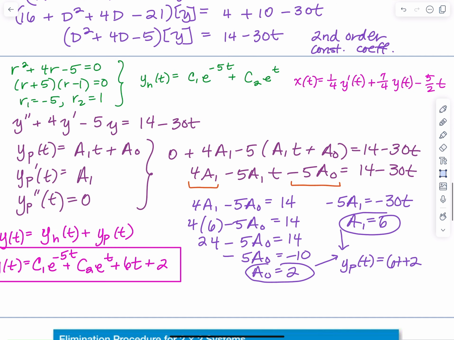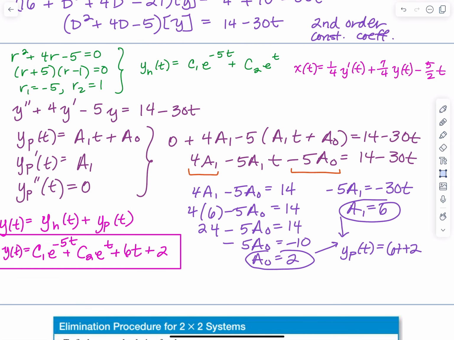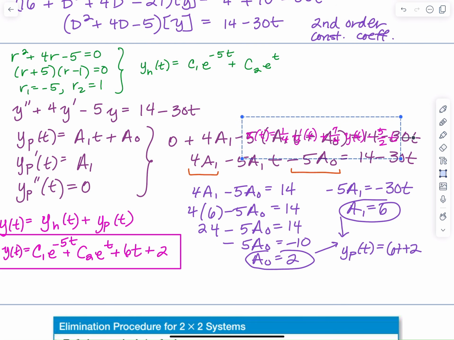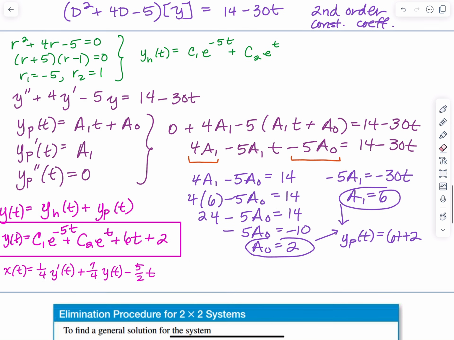And then I think this here, we'll go ahead and change this to y of t. And now we have our x of t here from, and I'll go ahead and put a double star.